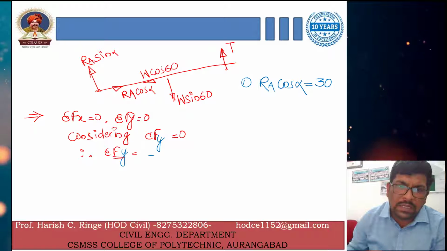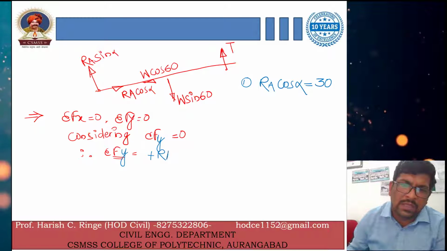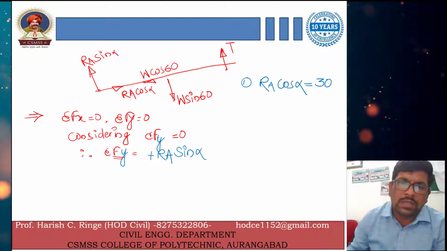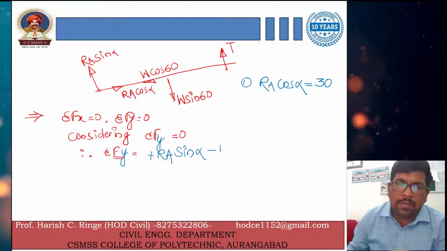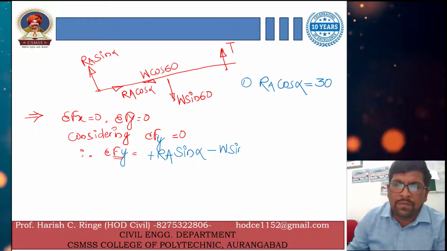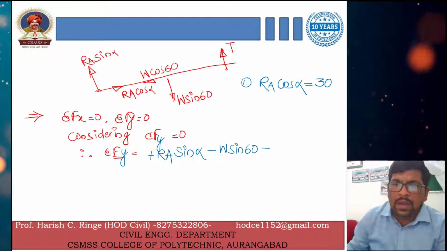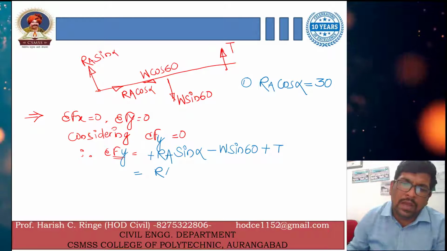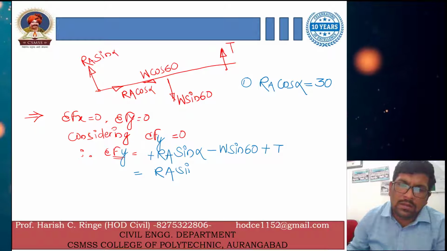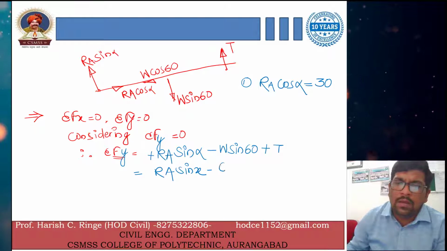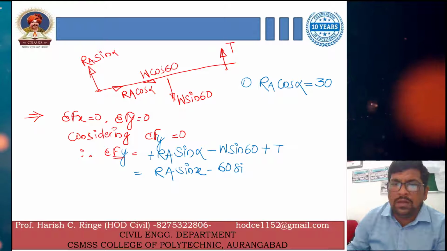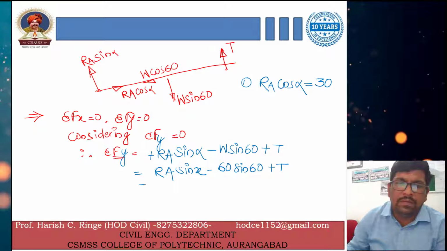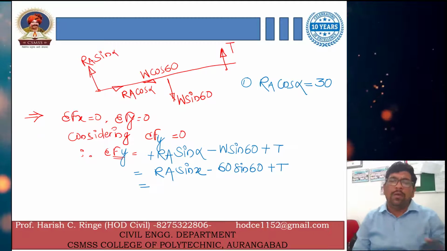Plus, because upward sign is plus, Ra sine of alpha minus W sine of 60, and again plus T. So therefore again Ra sine of alpha minus W sine 60 plus T. So again, solve the problem.